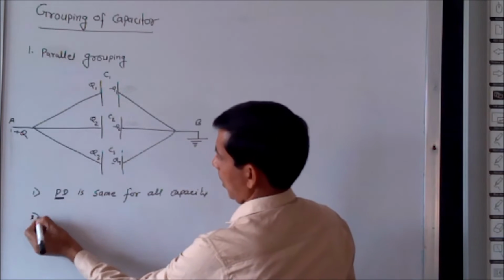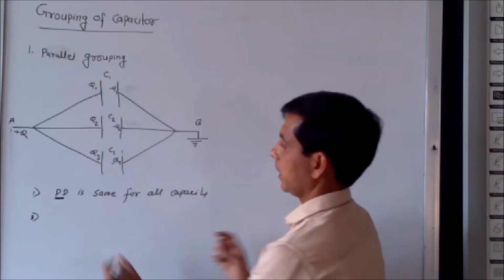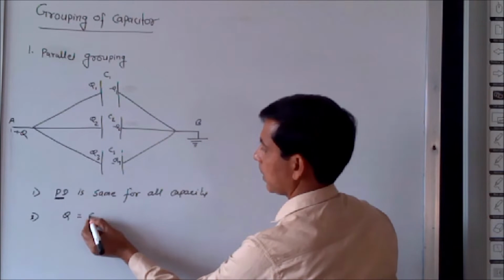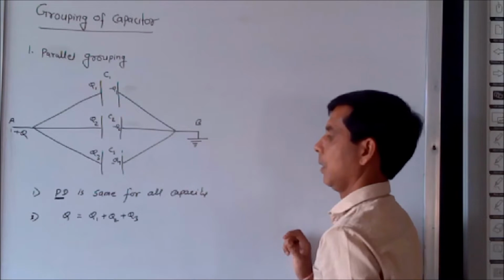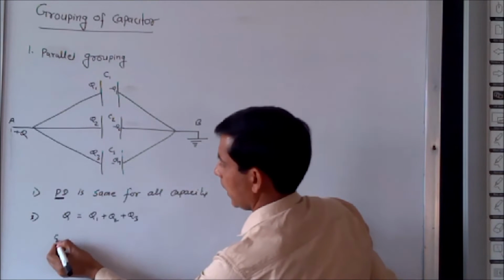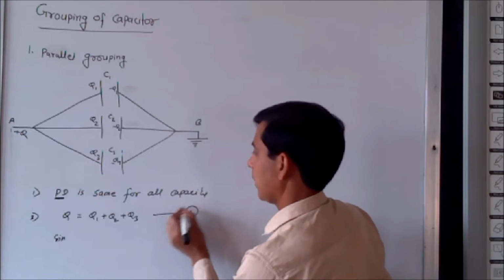Now, the charge is distributed, so the total charge will be Q equal to Q1 plus Q2 plus Q3. Suppose this is equation 1.